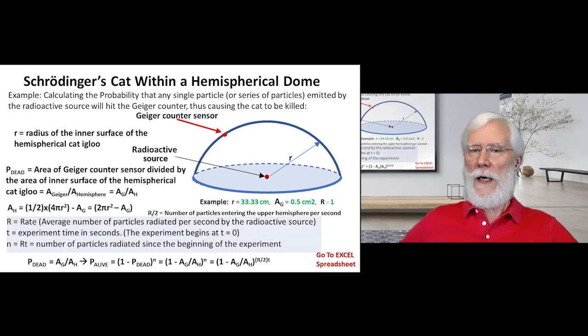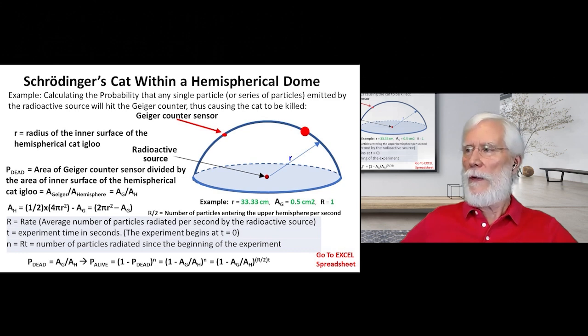So it hits the Geiger counter. The Geiger counter sends an electrical pulse that dumps a bunch of poison into this poor cat's house, and the cat dies. But it only dies if one of these particles from this radioactive source flies up here and hits that particular spot. Okay? If the particle flies up and goes over here, well, nothing happens. No electrical signal is created in the Geiger counter.